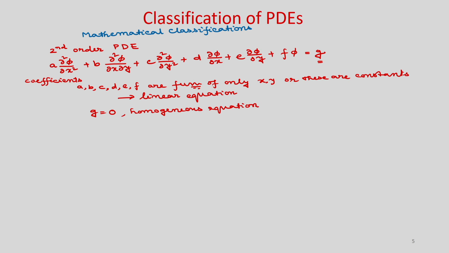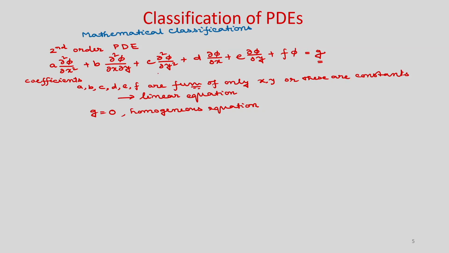Generally, the mathematical classification of this PDE will depend on the highest order derivative in each independent variable. You can see in this governing equation the highest order is second order. So, we can classify based on this second order derivative.